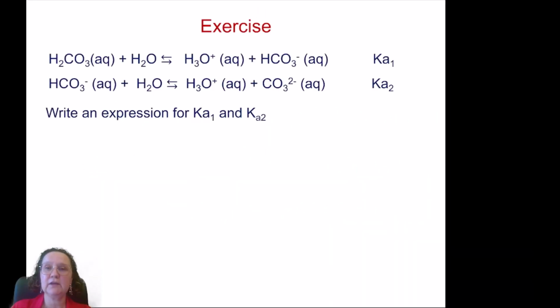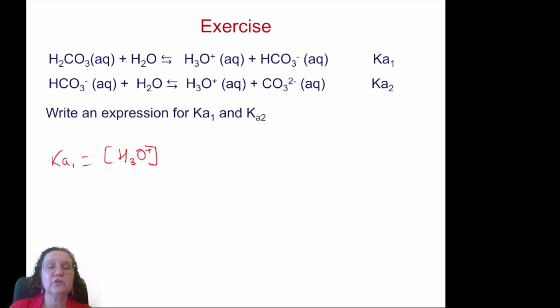Okay, so if I tackle Ka1 first, the first acidity constant, it will be the concentration of the two ionic species I've generated. Remember, or maybe you don't know and I'm just telling you for the first time here, that the square brackets around a compound or an ion means concentration.